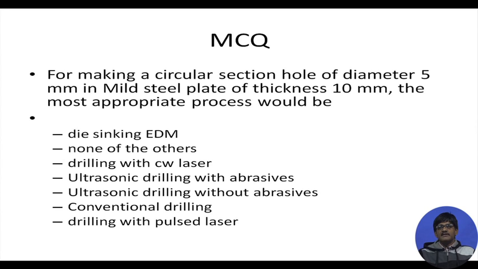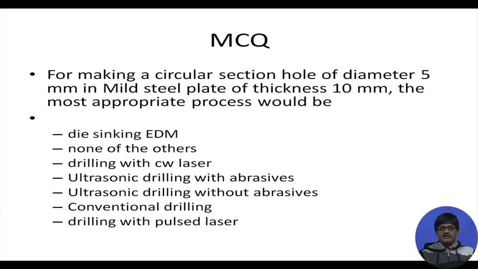In case of a pulsed laser, it allows vapor and projectile material droplets, metal droplets which are melted, to come out of the hole during the times during which the laser is off. If the laser is continuously on, material will continuously get produced, and it will be difficult to remove it from the blind hole. So, pulsed laser is better than continuous wave laser for drilling, but whether it's appropriate here or not, that we have to now find out.